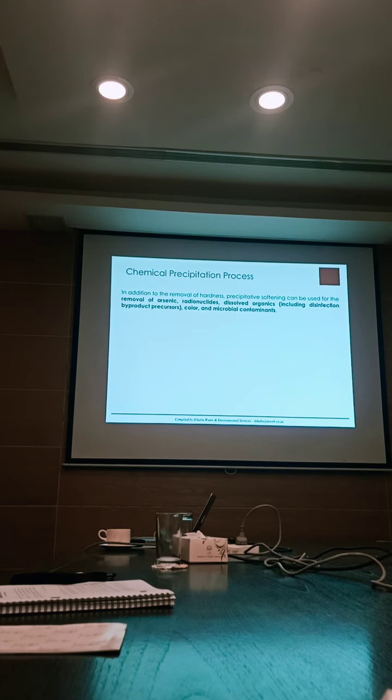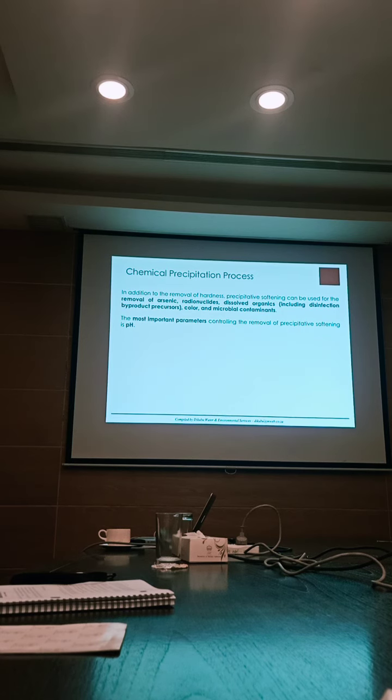So not only calcium and magnesium, here are some other typical parameters that you can start looking at removing. If you've got color in your water from a textile effluent point of view, you can look at chemical precipitation of that. I can't give you the answer right now, that's the detail.